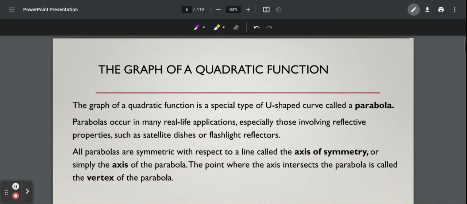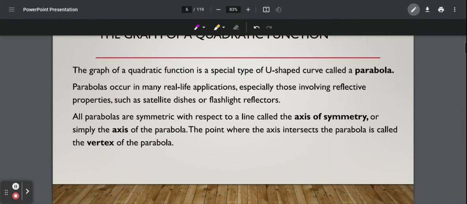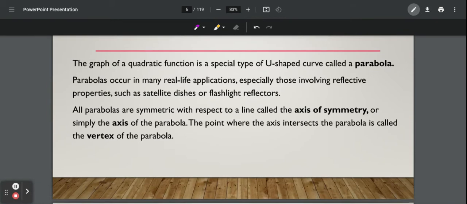So the graph of a quadratic is a parabola, which hopefully you're pretty familiar with, and the idea that parabolas occur in many real-life applications, especially those involving reflective properties such as satellite dishes or flashlight reflectors. All parabolas are symmetric with respect to a line called the axis of symmetry. So your axis of symmetry is the axis where if you were to fold your parabola in half, it would fold onto itself.